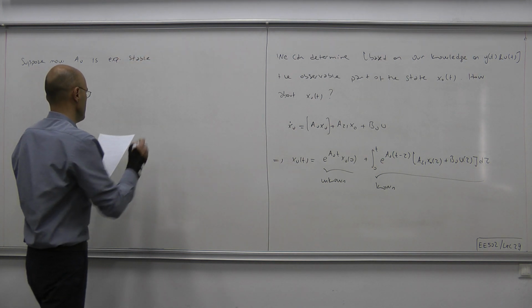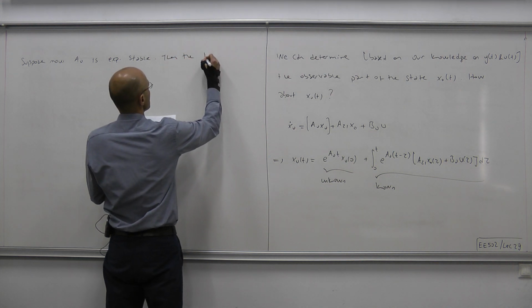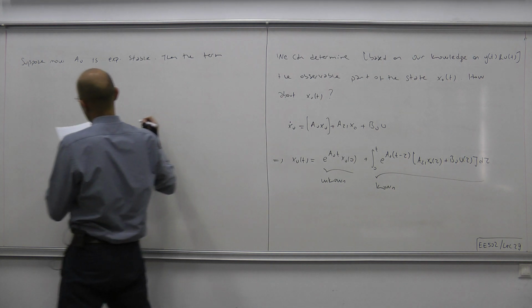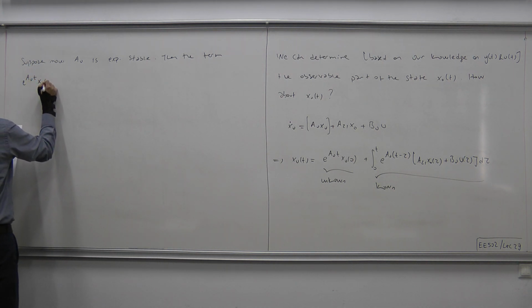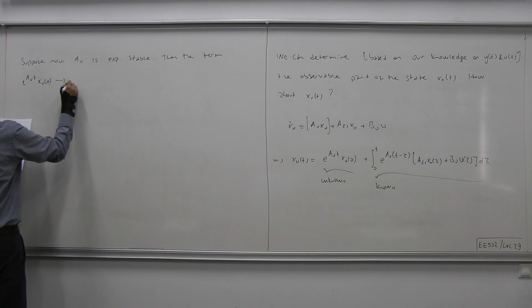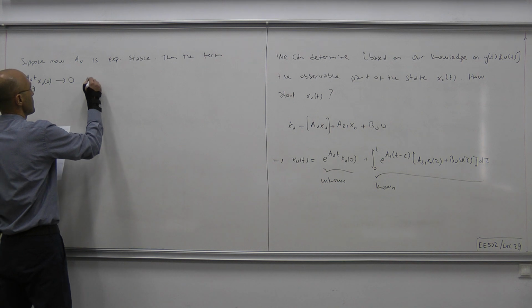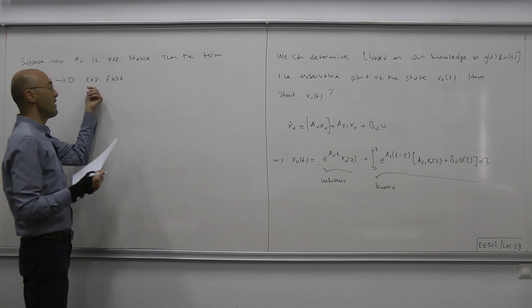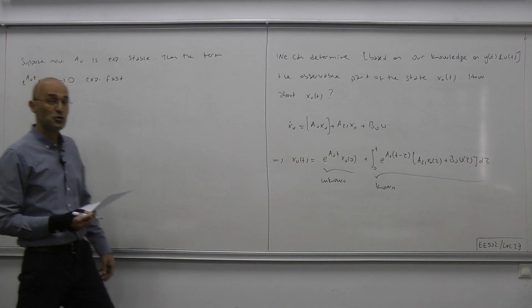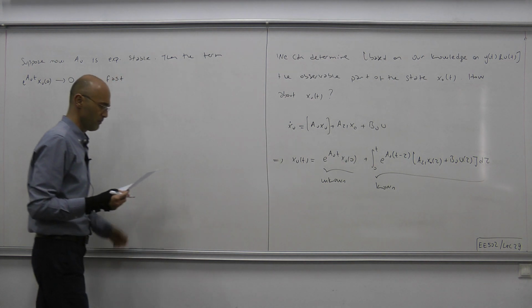Then e to the AU of t times xu 0 converges to 0 exponentially fast. Okay, that means we don't have to wait too long to assume that this term is now negligible.